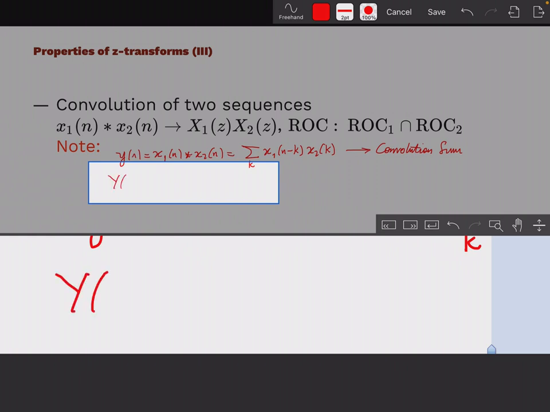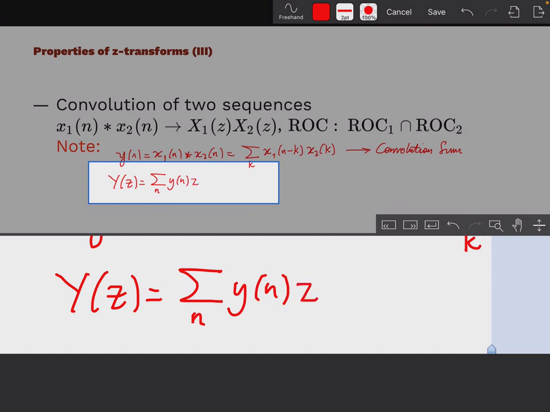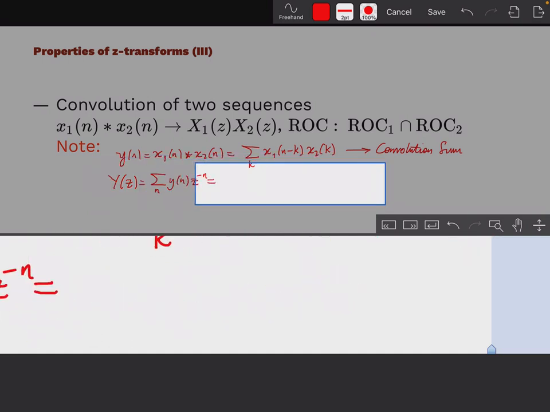So Y of z is equal to the direct z transform, the sum for all n of y of n, z to the power minus n, which is equal to, now we are going to just substitute the convolution sum from the line above into this.